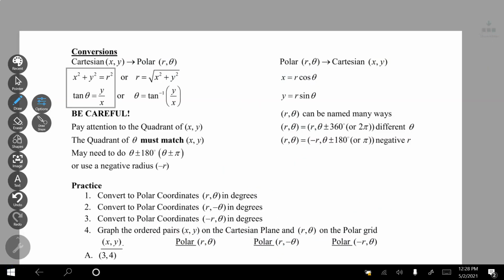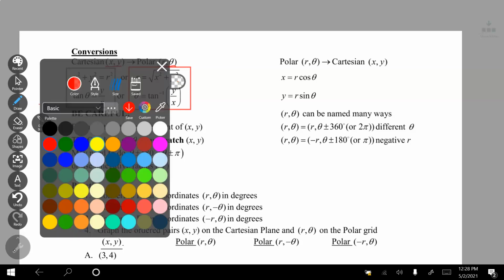Okay, so we're going to work on conversions. Sometimes we have x's and y's and we want r's and thetas. So my Pythagorean theorem, my definition of tangent in a right triangle, or better yet, you can use these two, which we've been using for vectors the whole time, except that we've been using a little bit different letters, but the same idea.